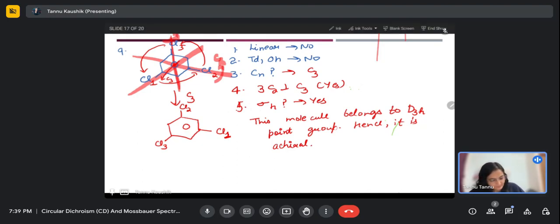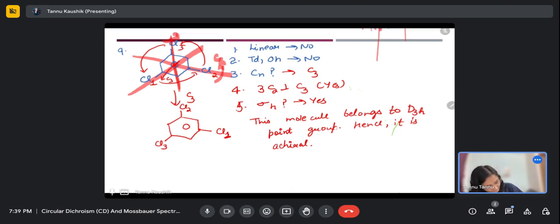And a few other examples which are similar to this are that of BF3, which is a very basic one for molecules with this D3H point group.